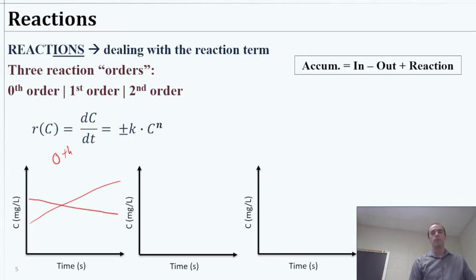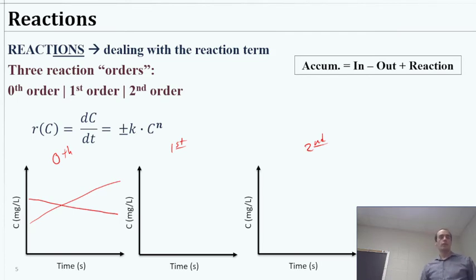Now, if we have a 1st order reaction, essentially it's exponential. If we take a look at how we're defining our reaction order here, I should have said that first. If we have some rate of the reaction, r(C), we can define that as how C is changing over time, dC/dt.